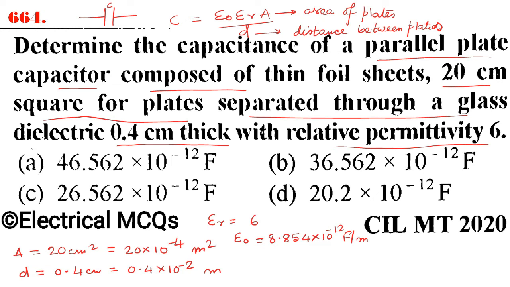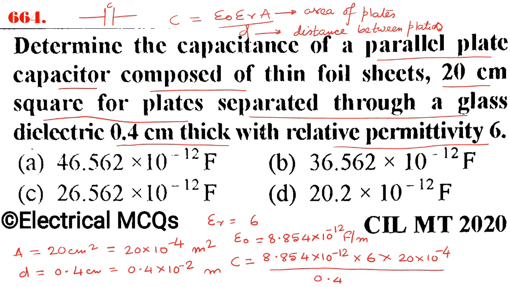Now putting all these values, we will get C is equal to 8.854 into 10 to the power minus 12 into 6 into 20 into 10 to the power minus 4 divided by 0.4 into 10 to the power minus 2.